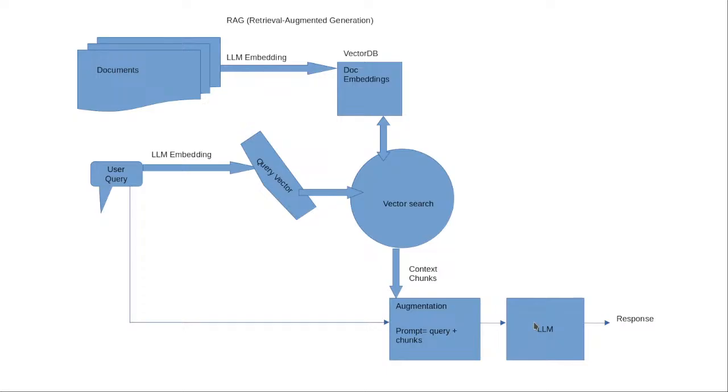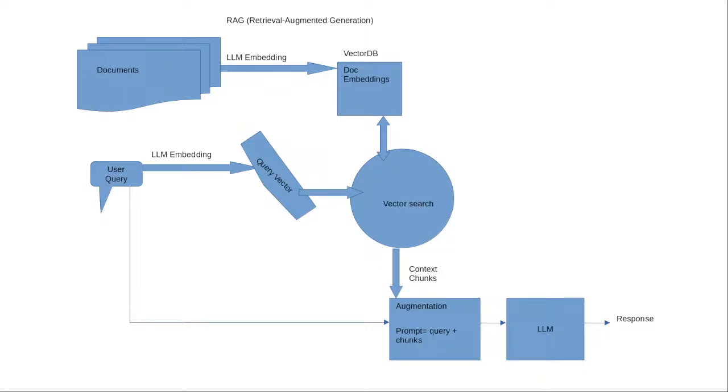If that number exists for any other invoice or database, it will generate a response. So we have to provide a proper system prompt. The augmentation step requires combining the user query, the context chunks, and a proper system prompt.